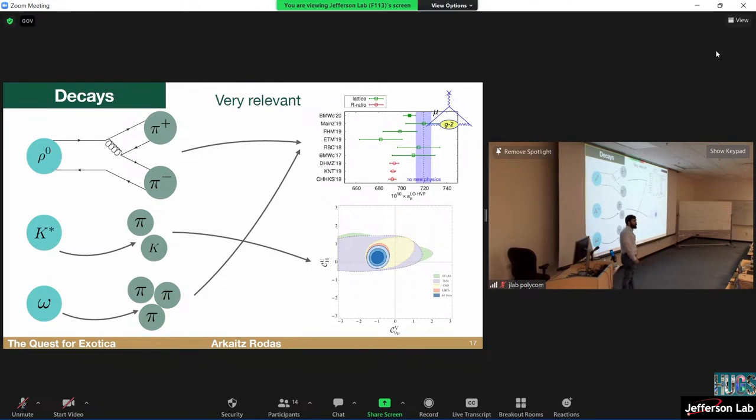And these guys are very interesting. So, for example, I introduced before the fact that if you want to look beyond the standard model, and you want to, for example, describe the hadron vacuum polarization contribution to the anomalous magnetic moment of the muon, if you want to predict these values that are very precise, you have to describe with utmost precision the rho and the omega line shapes.